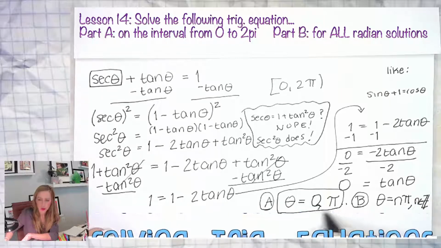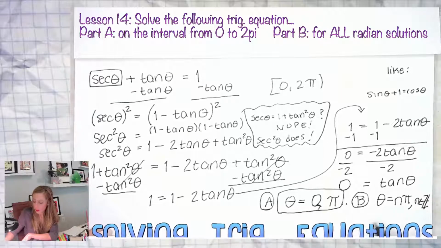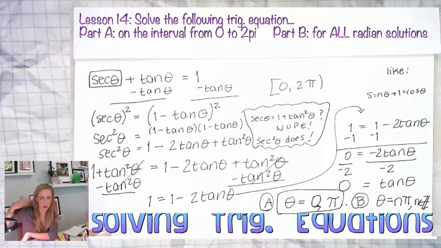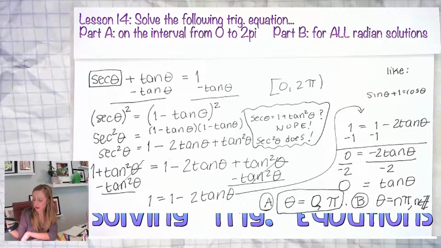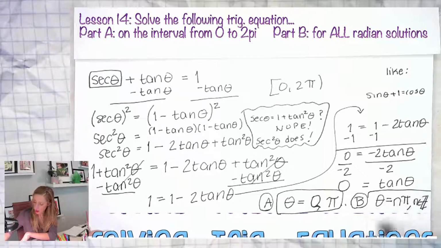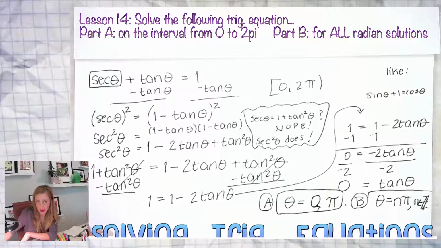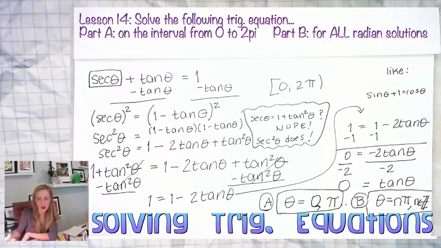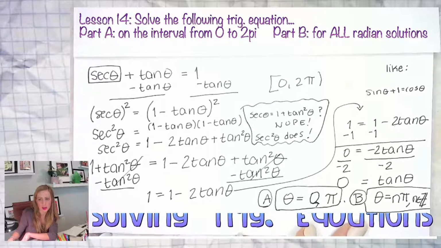You could put plus 2 pi n for both of them, but because of the way it hits every pi, we can consolidate it into just this one equation, 0 plus pi n, because it's pi apart over and over again. I do go into a lot of detail explaining that in another example.